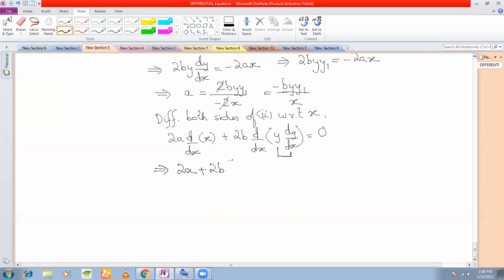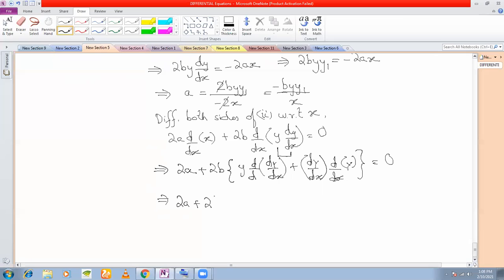You differentiate this by the u into v rule, right? y into d/dx of dy/dx, plus dy/dx into the d/dx of y, right? Is equal to 0. So you get 2a plus 2b, and d/dx of dy/dx is d2y/dx2, right?